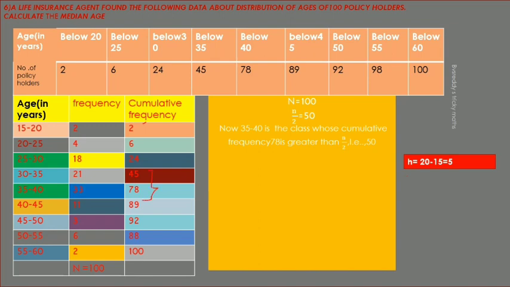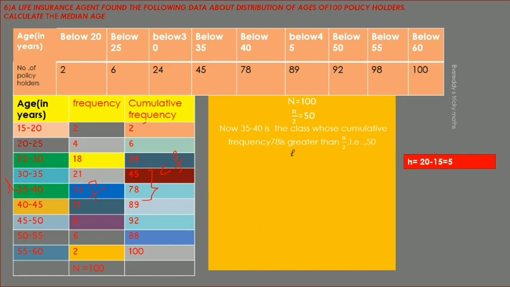h equals 40 minus 35, that is 5. Take 45 as CF, and 33 for the median class 35 to 40, that is the frequency, known as small f.